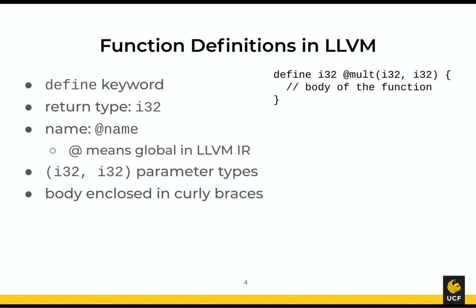Instead of a % sign, it's an ampersand, which means global names in LLVM. Then you give a parameterized list of the types of the parameters. Unlike C, you don't have names for the parameters; we'll see how we actually get their values. Then curly braces delimit the beginning and end of the function. Questions on that?